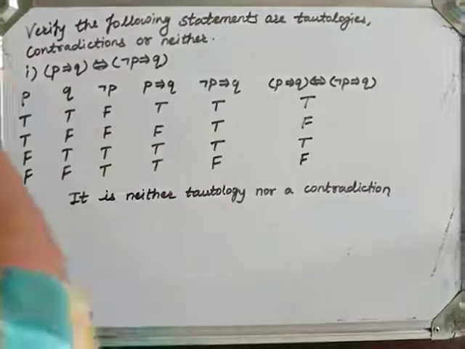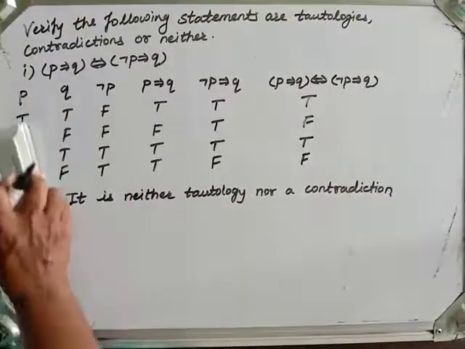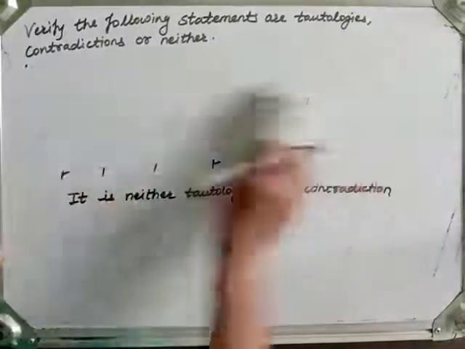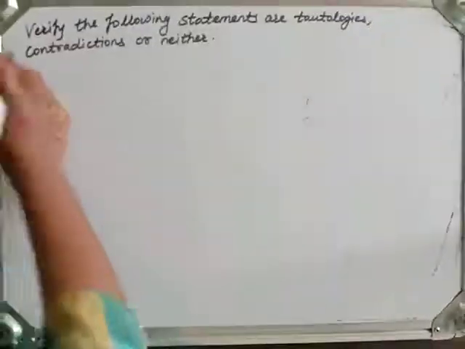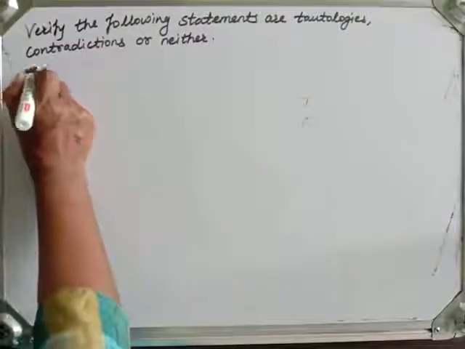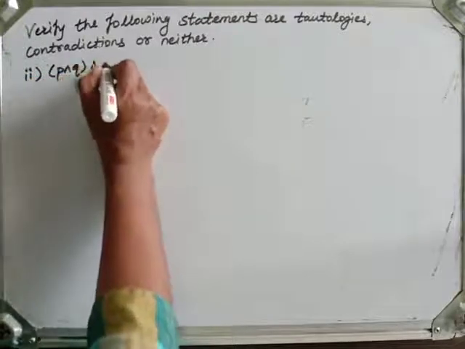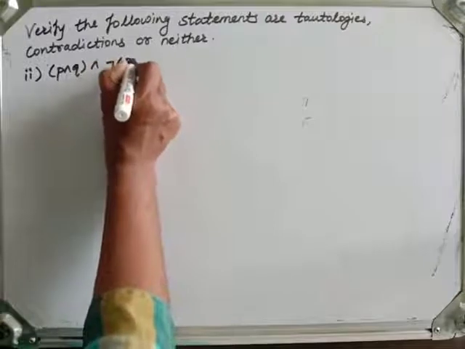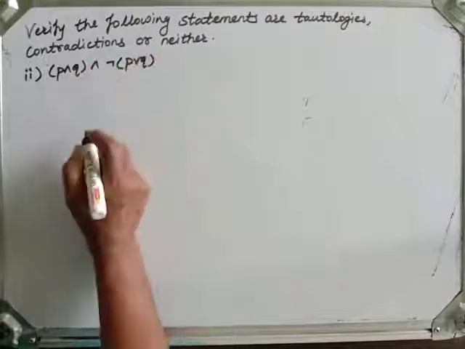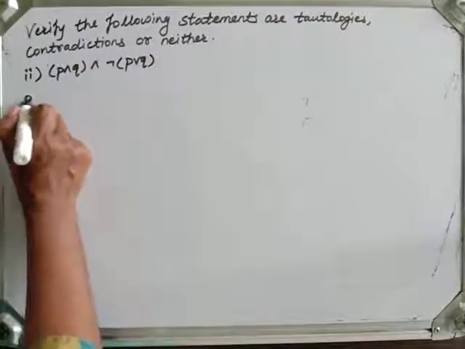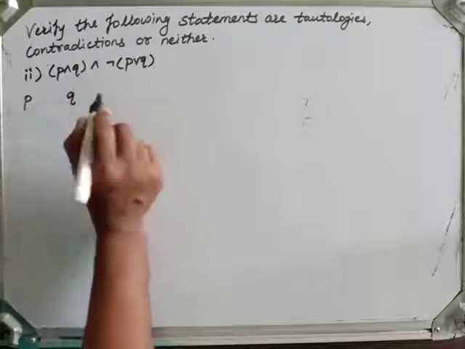Now the next question. Second question, P and Q and negation of P or Q. Now we need the columns P, Q, two variables.